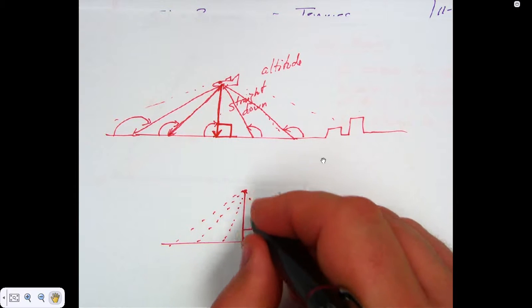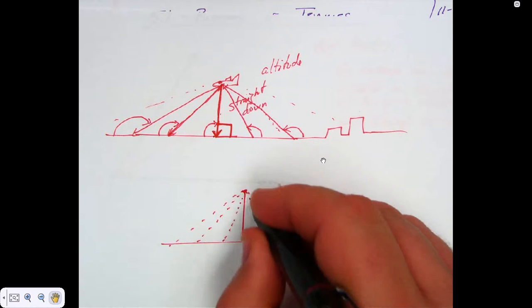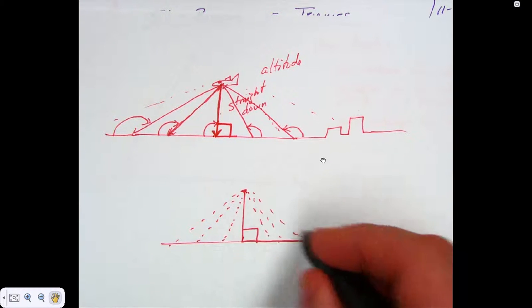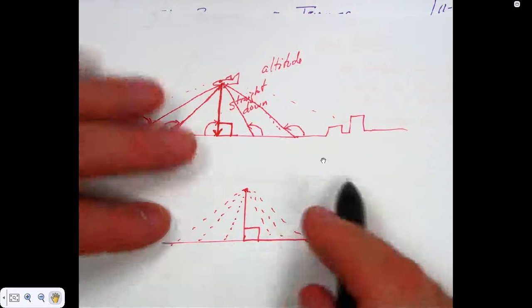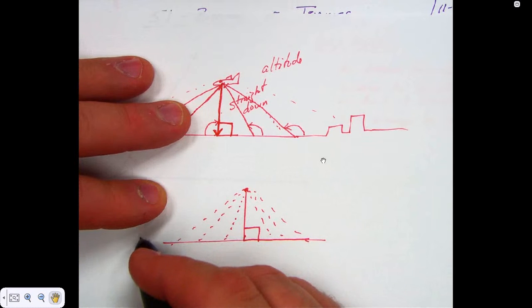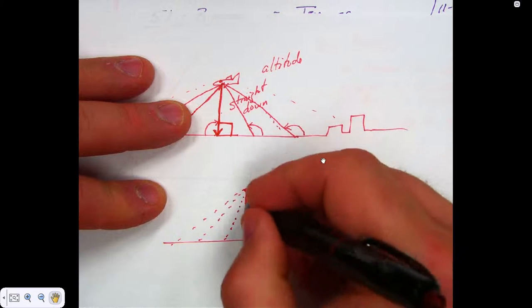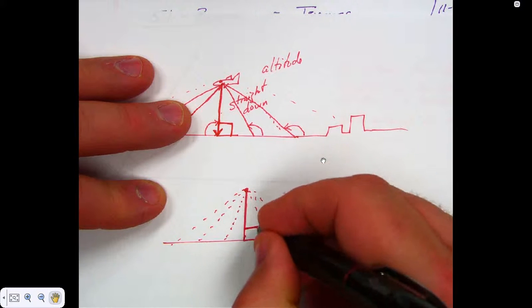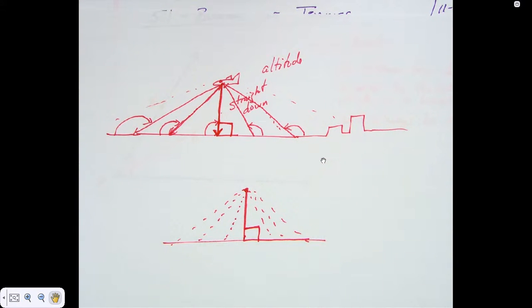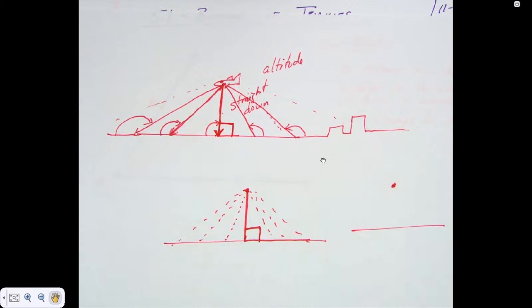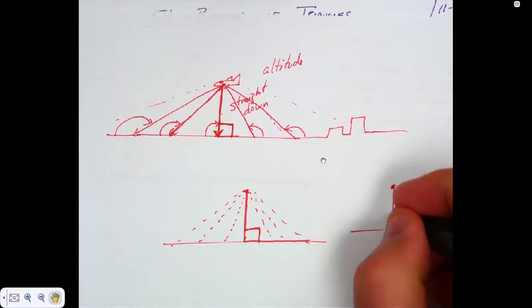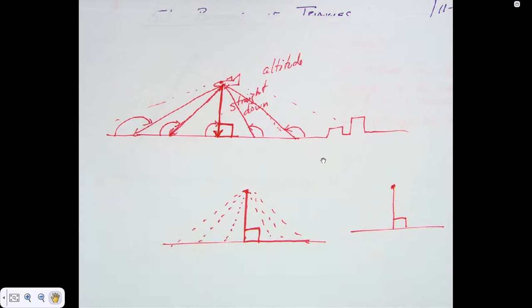If I go straight to it every time, it's going to make a right angle. The only time that it's the same is when we're straight to it, which means we measure a right angle. So anytime you're measuring the distance from a point to a line, you always measure straight to it, which always creates a right angle.